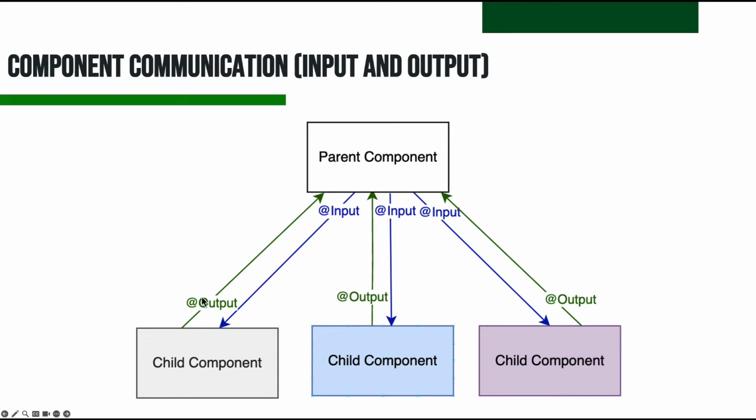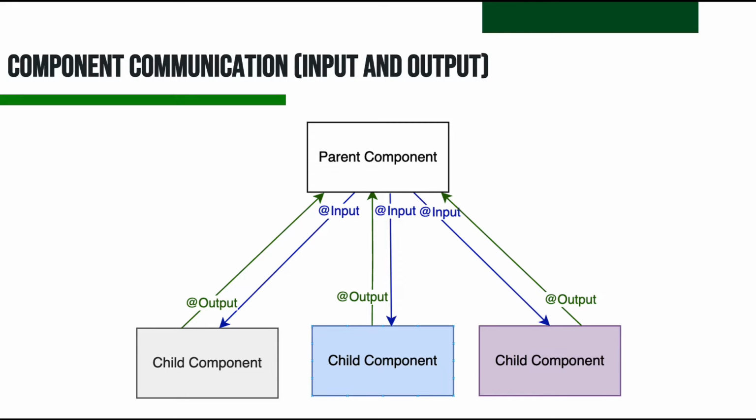And then we have the output. Output properties combined with events enable communication from a child component to a parent component. To define an output property, use the @Output decorator before an event property declaration in the child component class.